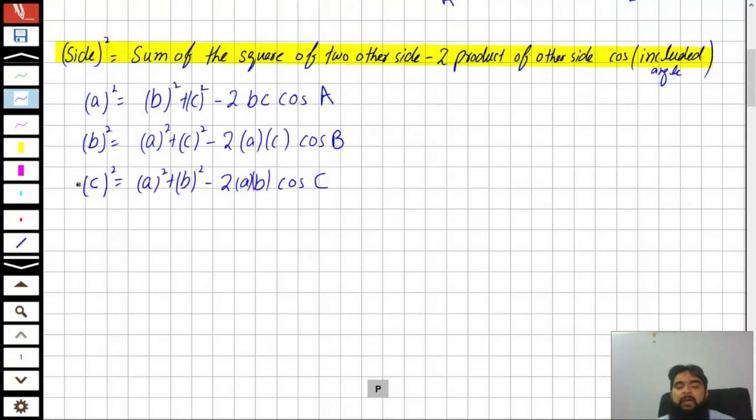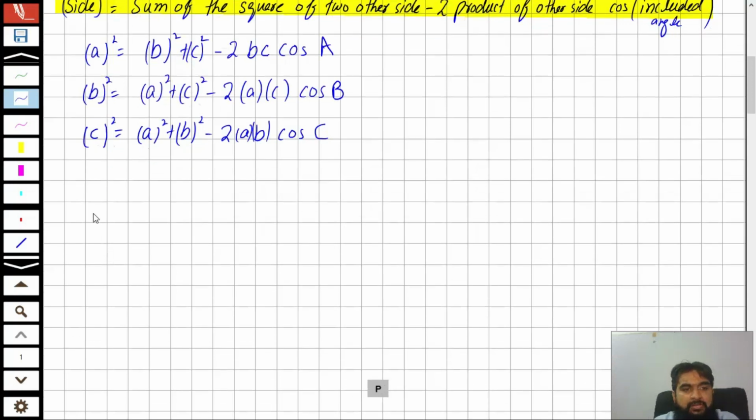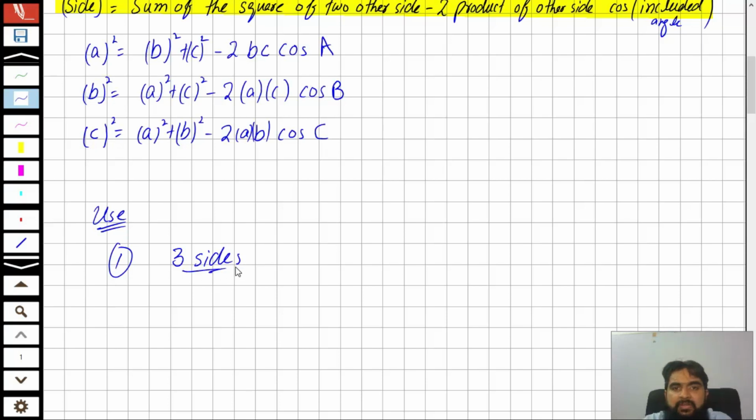Okay. Now, the next important question is where we have to use it. For example, you will get an acute angle triangle and an obtuse angle triangle, and we have the sine rule and the cosine rule to solve them. So where do we use the cosine rule? We will use the cosine rule if three sides are given. If in the question the examiner gives you three sides, then you will go for the cosine rule.